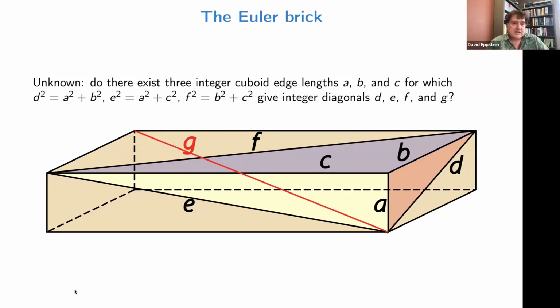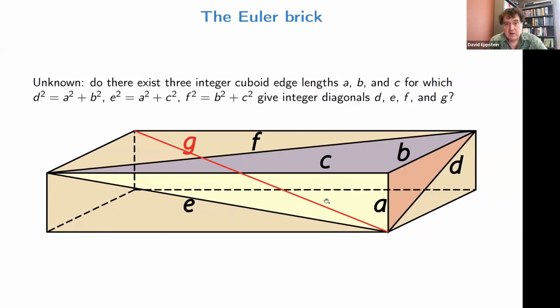Leonhard Euler was interested in extensions of the Pythagorean theorem, as were other mathematicians before him, Fibonacci, for instance. Here's a famous open problem coming from the work of Euler. We don't know if it's possible to make a cuboid with right angles, integer side lengths, integer face diagonals, and an integer body diagonal.